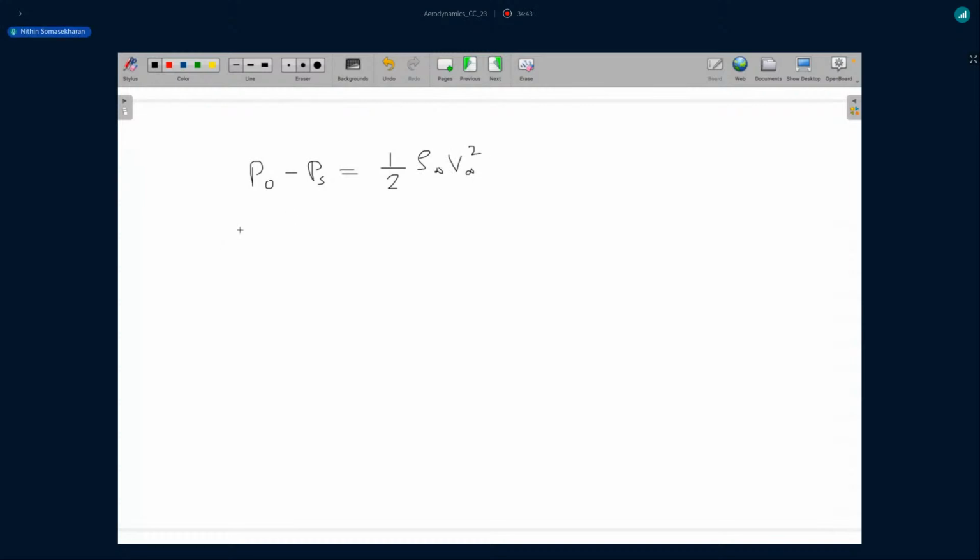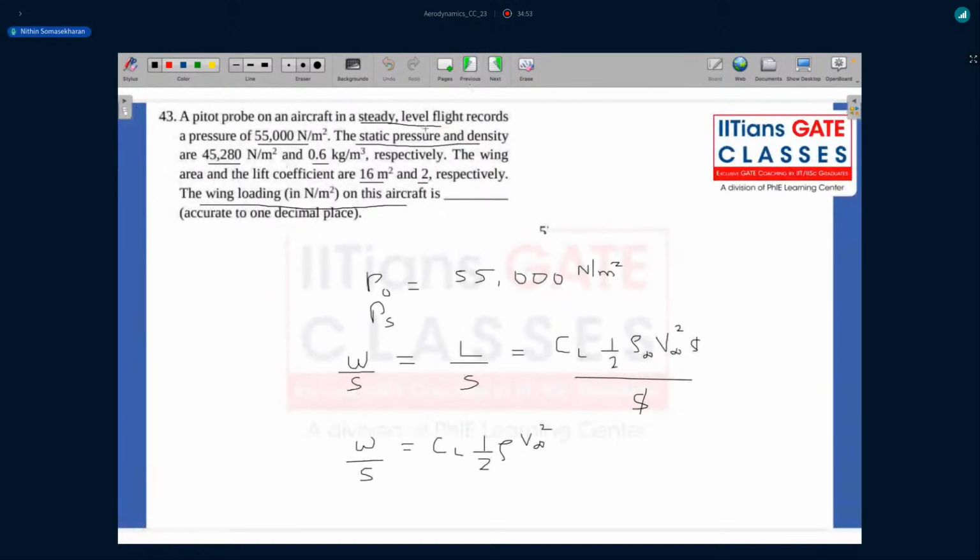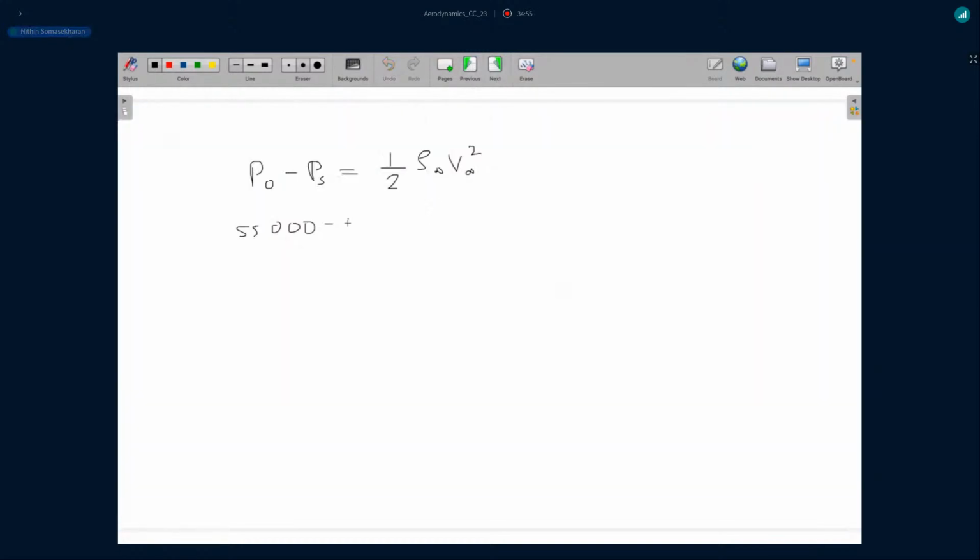Your P naught is around 55,000, and your P static is 45,280, and this equals half rho infinity v infinity square.